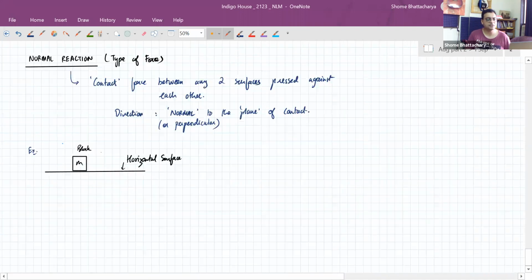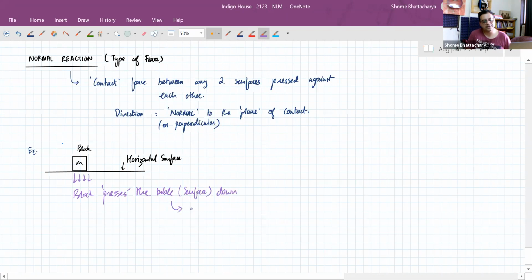So what is happening here is that the block will actually press the table downwards. Because of its weight, the block presses the table or the surface down.